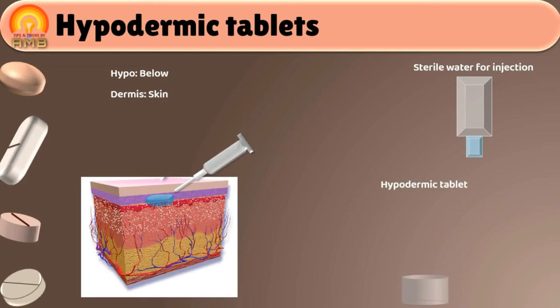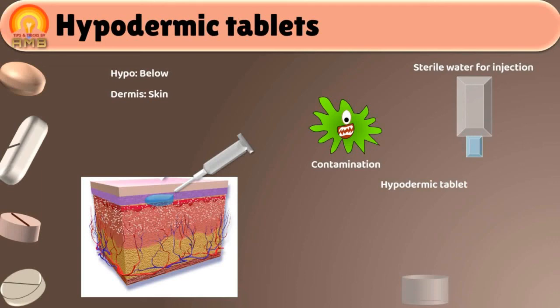The drug and excipients used in such tablets should be readily water soluble to form a solution rapidly. These tablets are outdated nowadays as the chances of contamination of the solution and loss of sterility are more.